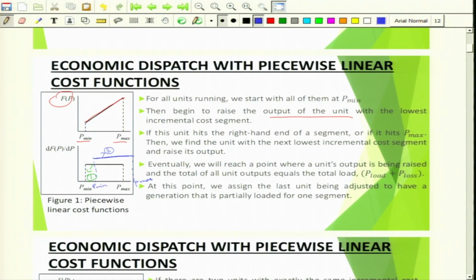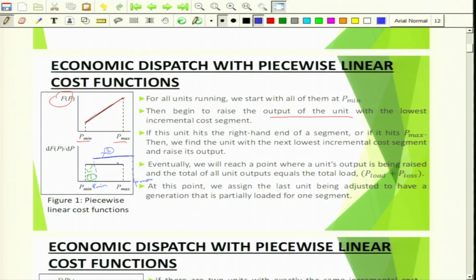Then for a specific given load, you would choose to start with generator 1 first, because it has the lowest lambda, and whatever the load demand may be, you would first completely utilize the maximum capacity of that first generator which has the lowest lambda.